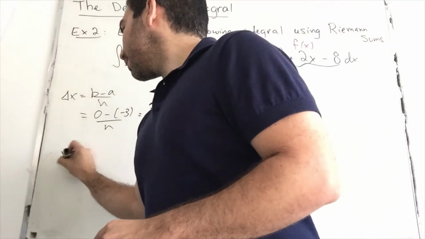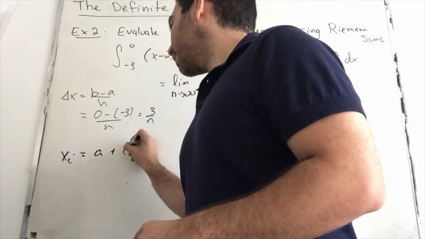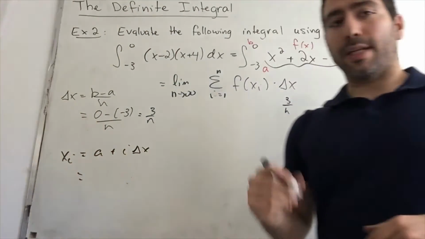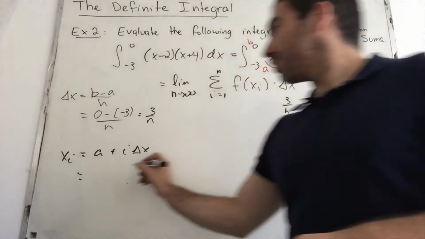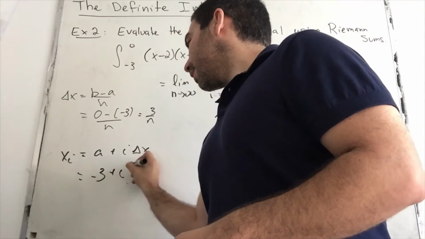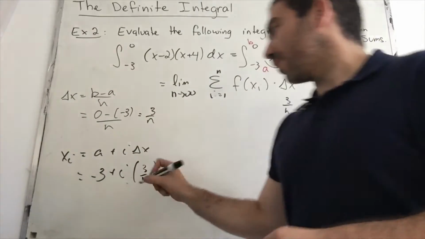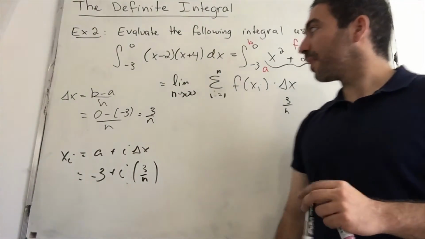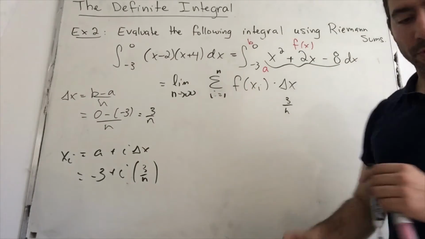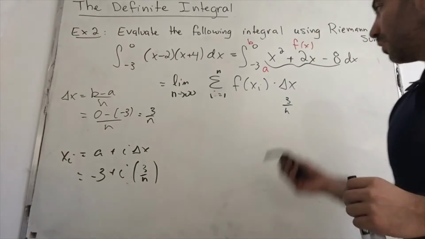xi. Xi is equal to a plus i delta x. We know that a is equal to -3, so this is -3 plus i times delta x, which we just solved for is 3 over n. Okay, so this is our xi. So to solve this, what we're going to do, let's move this.